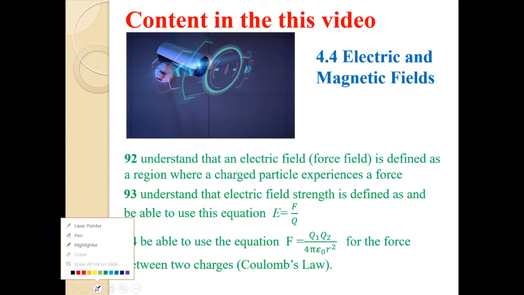In this video, we are going to focus on spec point 92, to understand what is an electric field, and 93, understand the electric field strength and define the electric field strength by the equation E equals F over Q, and spec point 94, be able to use the equation F equals Q1 Q2 over 4 pi epsilon 0 r squared for the force between two charges. That's what we call Coulomb's law.